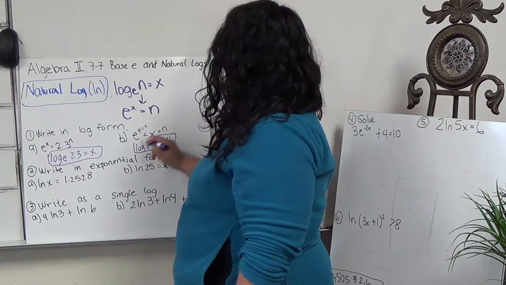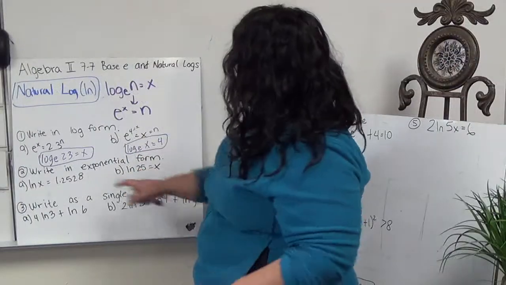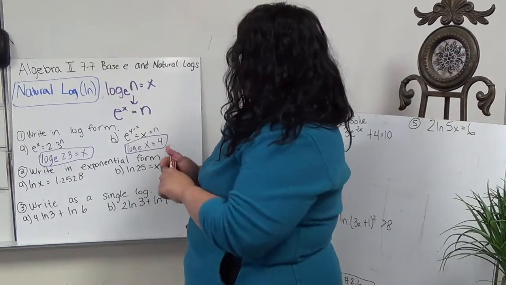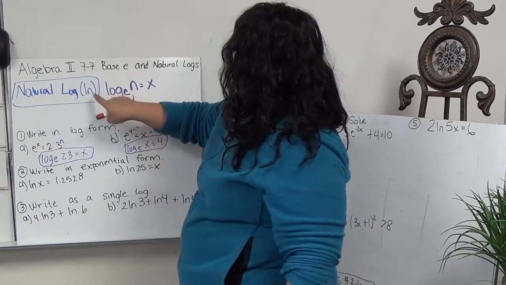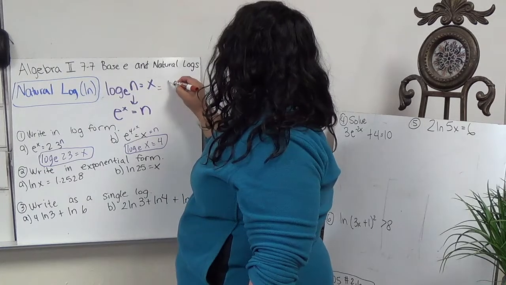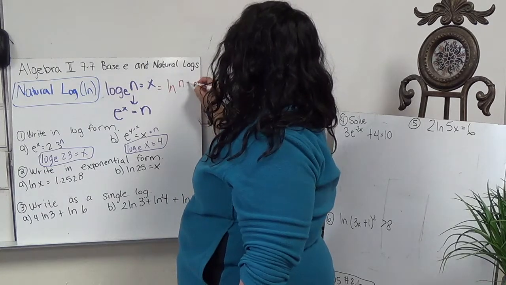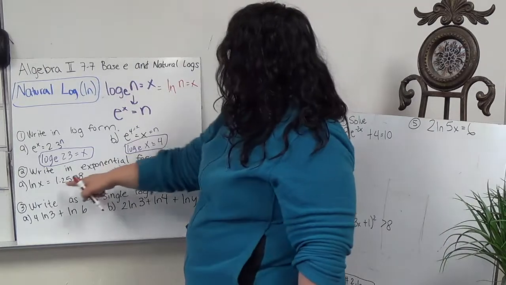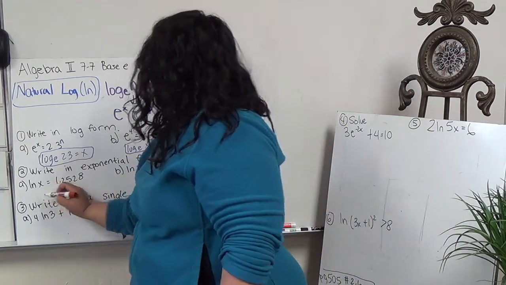And then they'll also want you to put it the other way. They want you to find this natural log, right? But another way of writing this is ln, like I stated. So this could also be ln of n equals x.